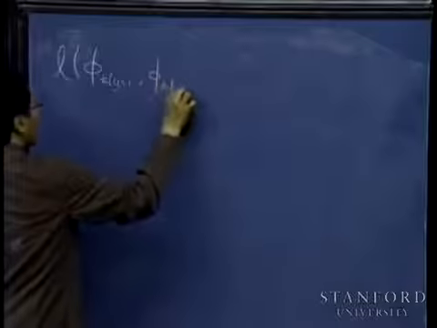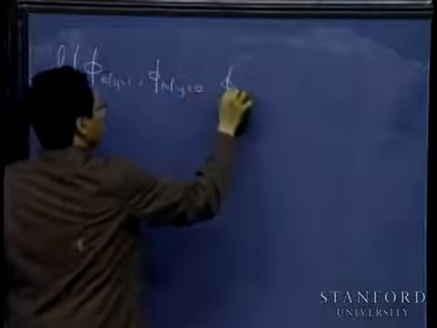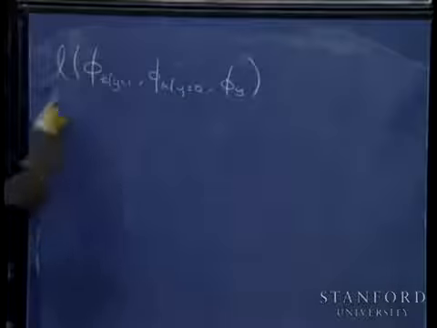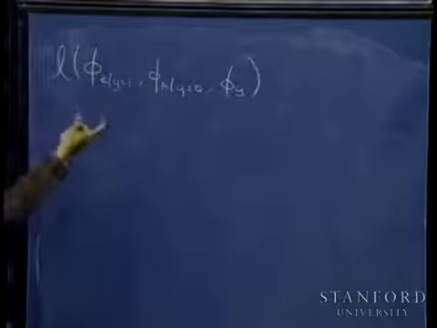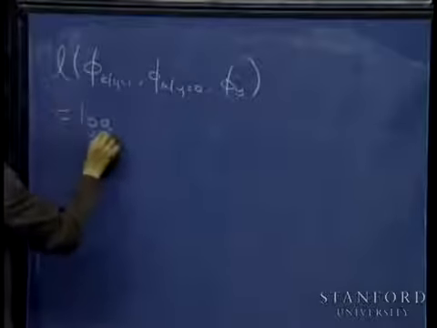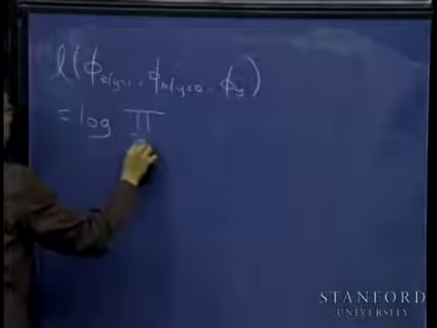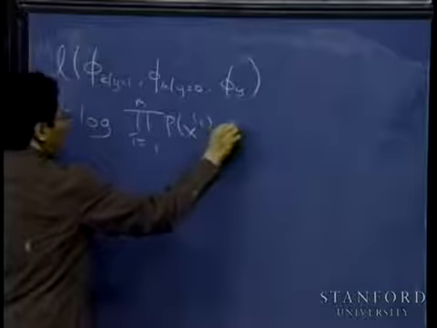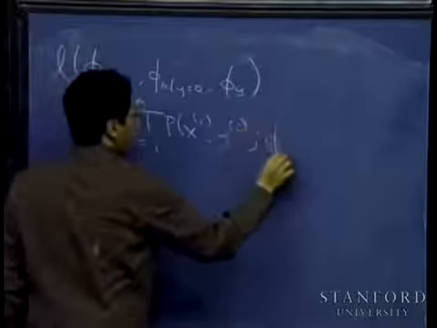Phi k given y equals 0, phi y, right? And so given a training set, the likelihood, I guess I'm actually writing the log likelihood, will be the log of the product of i equals 1 to m, p of xi comma yi, parameterized by these things.